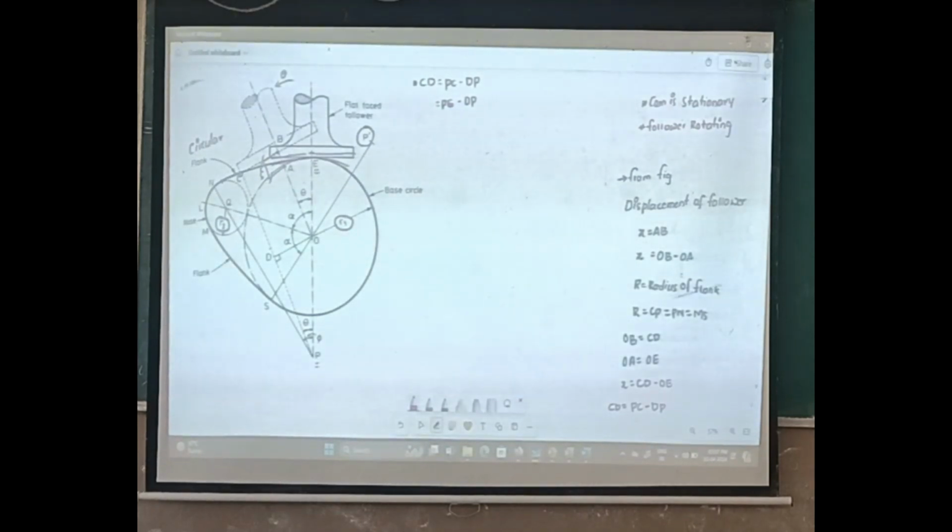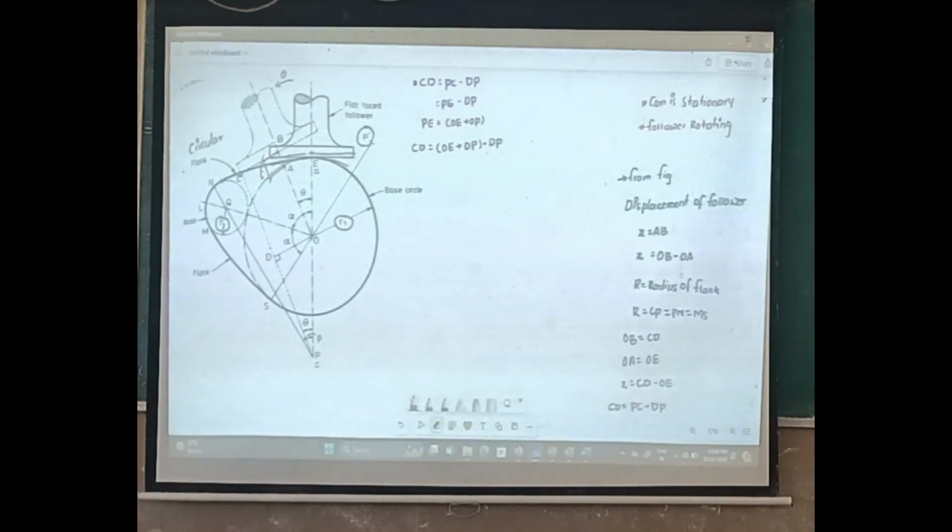Now, PE can be written as the sum of the distances OE and OP. So PE is equal to OE plus OP, minus DP.